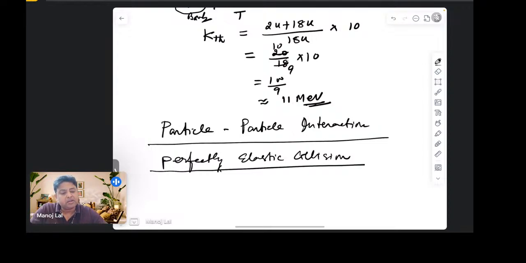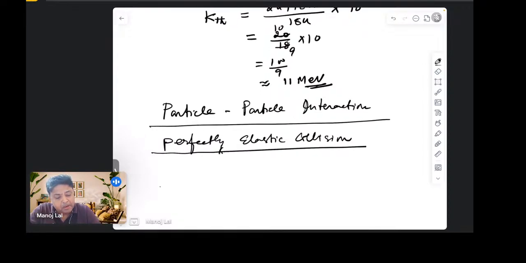So let me discuss exactly what happens in particle particle collision. This is m1 moving with velocity v1, and this is m2 moving with velocity v2. It collides here perfectly elastically, and then let me draw this thing carefully here. This is m1, and then it collides and it goes something like this.